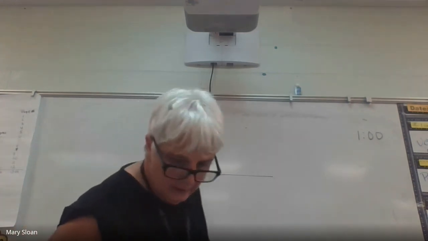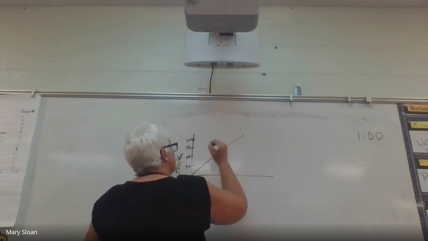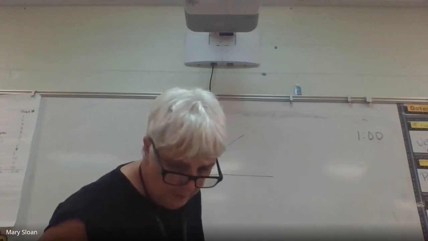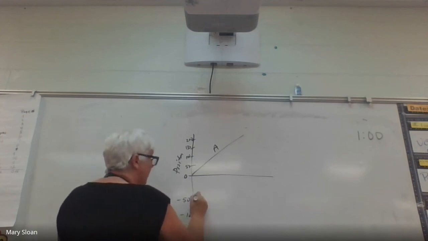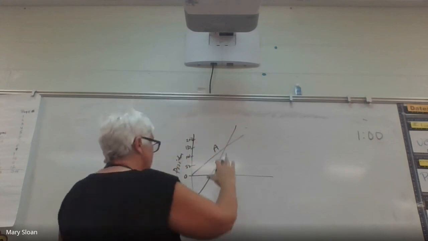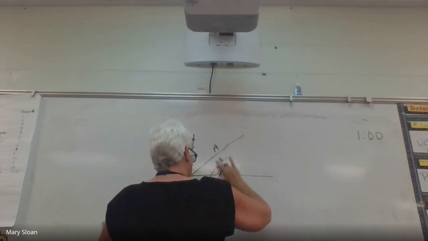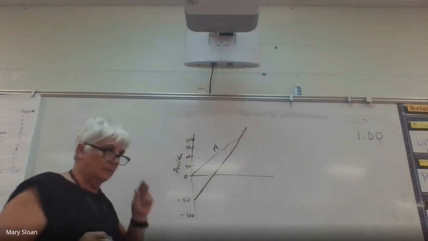And so what happens is the person on A starts at the origin, don't they? Position B actually started behind the goal line, but what happened? They intersect. They go further than that. They kind of intersect over here, didn't they?